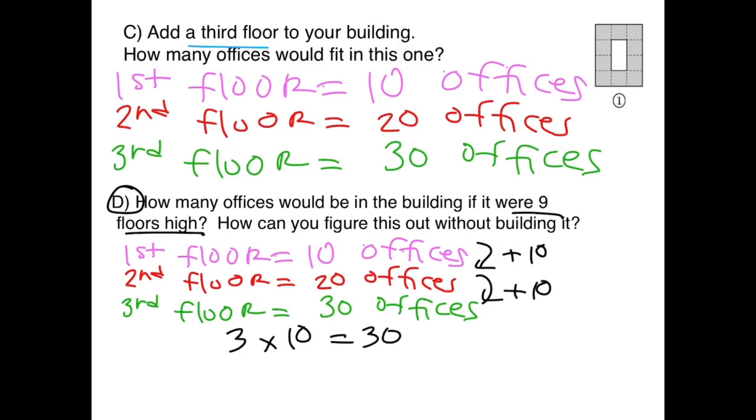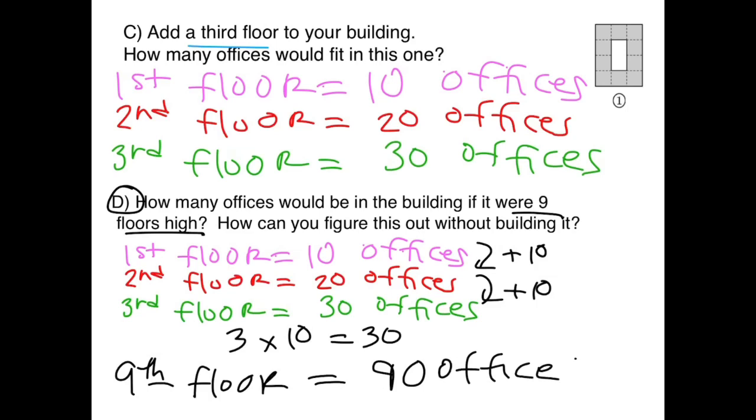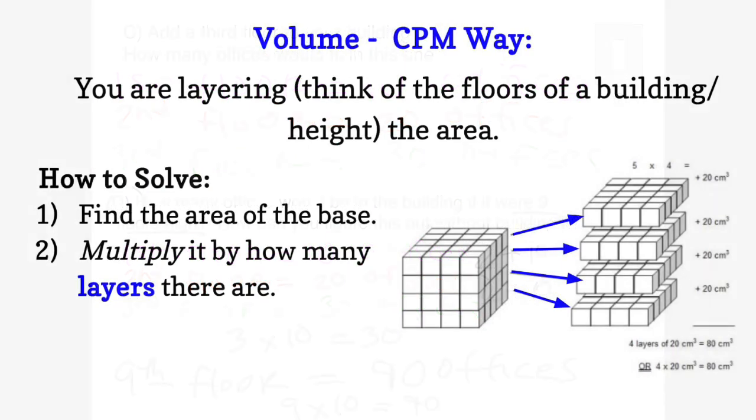Using that same idea, you want to find the 9th floor the same way. So on the 9th floor, there will be 90 offices in total.